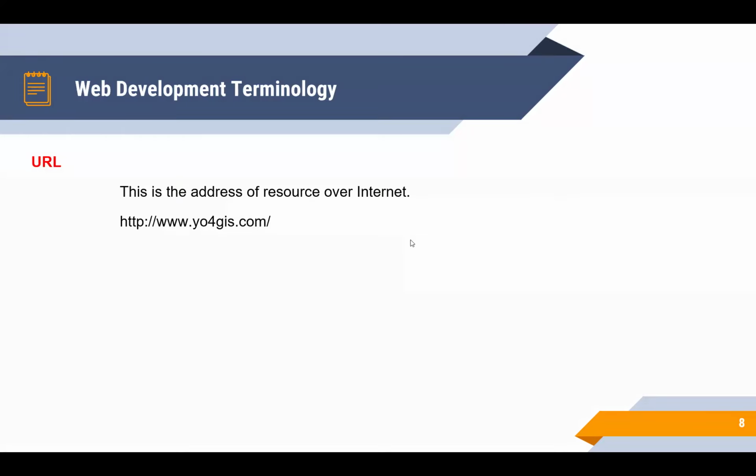Now after that, we will have the URL. What is the URL? As everyone knows, when we hit the website www.yo4gis.com, the URL will be something like this: HTTP or HTTPS. In many advertisements you will see that you should not do any banking transaction without HTTPS.